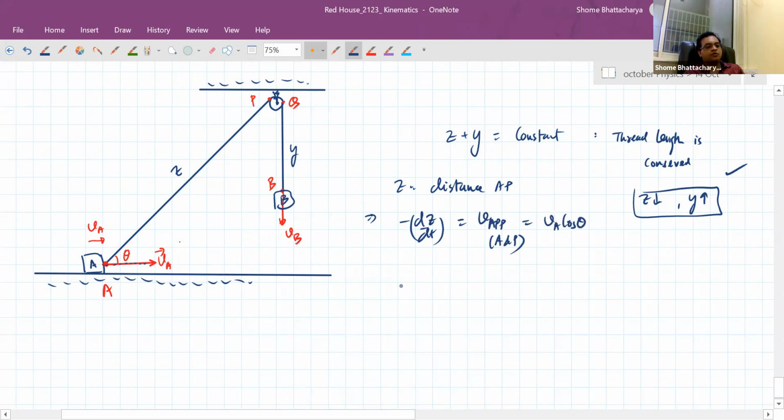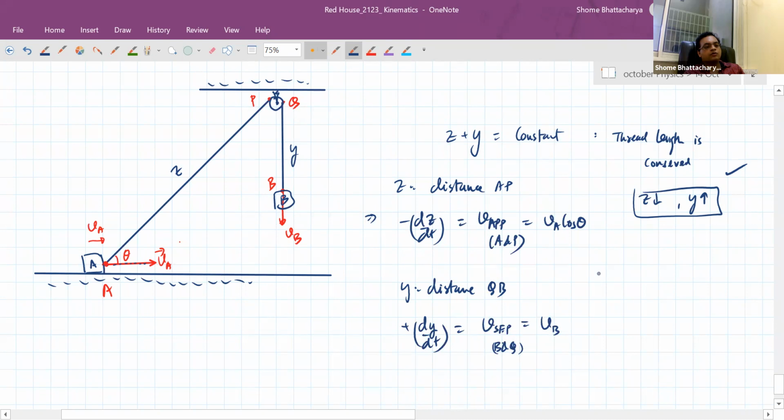And similarly, you can see Y is the distance QB. So plus dy by dt, because y is increasing with time, is the separation velocity between these 2 points, between points B and Q. That is equal to how much now? It is Vb.